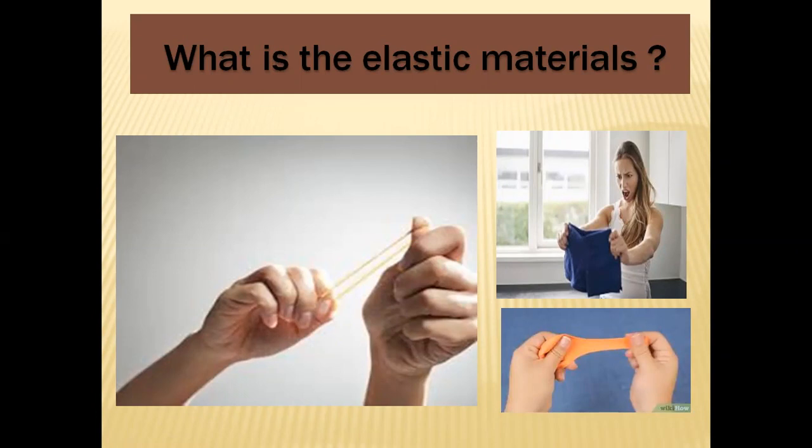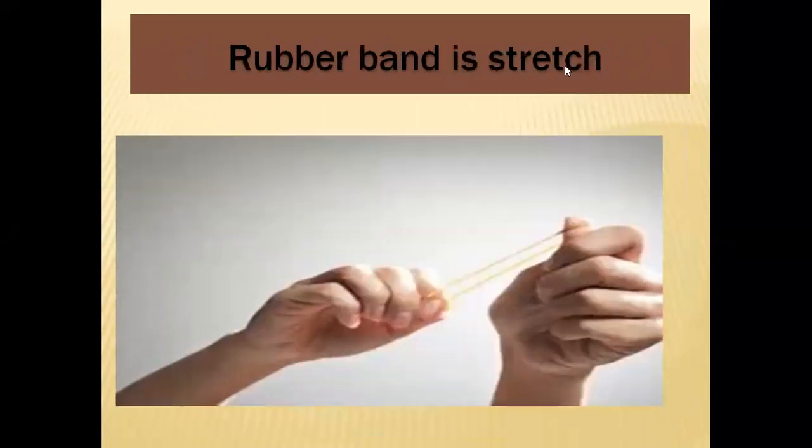So such materials that can be easily stretched are called elastic materials, okay. You can see we can stretch a rubber band easily, so we can say that a rubber band has elastic property, or rubber band is an elastic material.